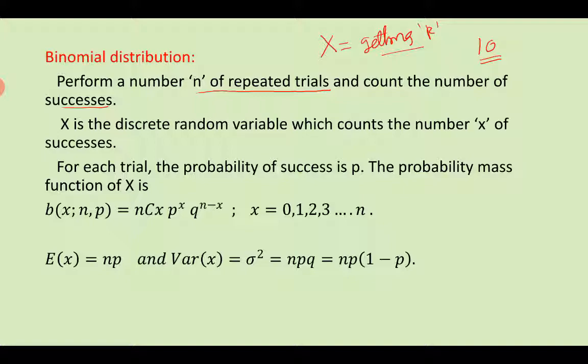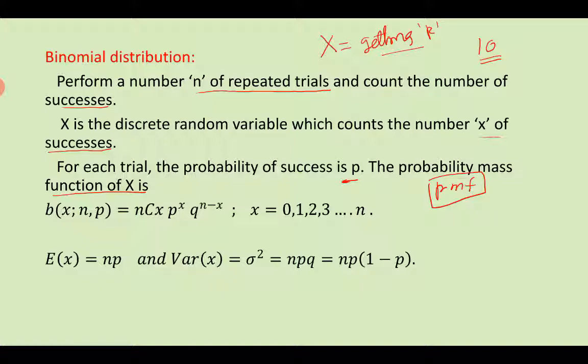So x is the discrete random variable which counts the number of successes. For each trial, the probability of success is small p. The probability mass function, PMF: for every discrete random variable, we can find a probability mass function table.